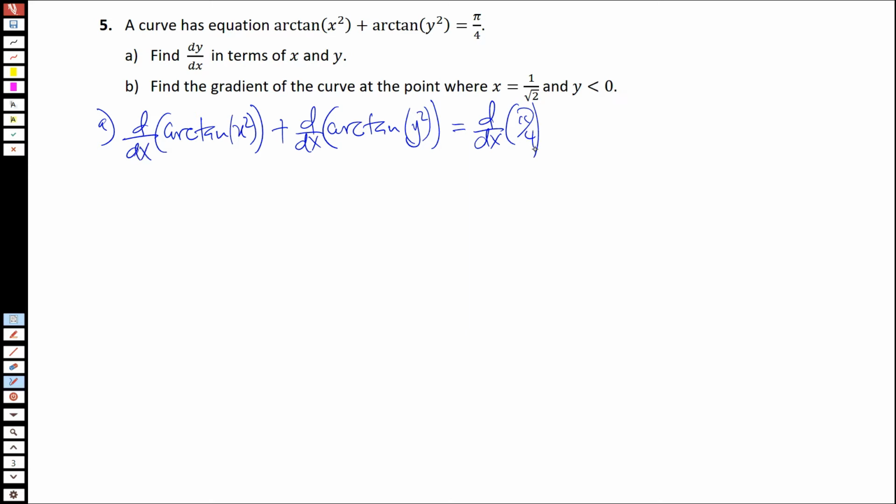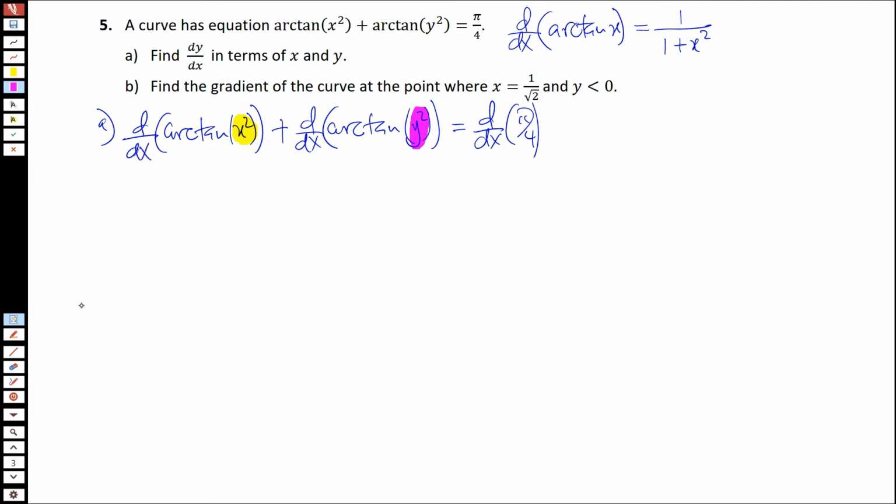Now, the derivative of arctan x, we know that the derivative of arctan x is 1 over 1 plus x squared. Now, in our case here, x happened to be x squared, and here x happened to be y squared.